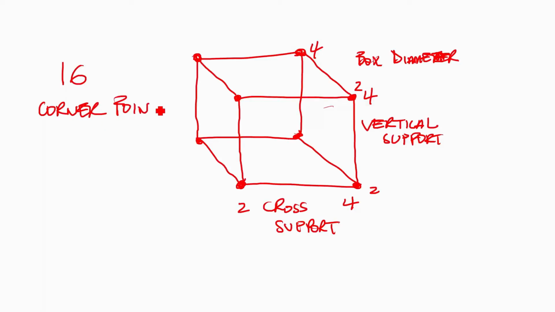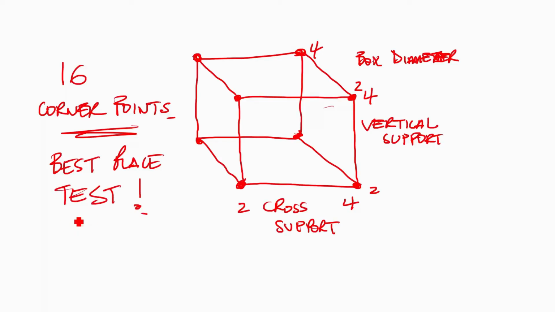Now, the 16 corner points, that's the best place to test. So if you're trying to do experiments and you want to learn the most out of a system, where's the best place to test? At the corner points of the design space. So we've tested 16 corner points of a design space.